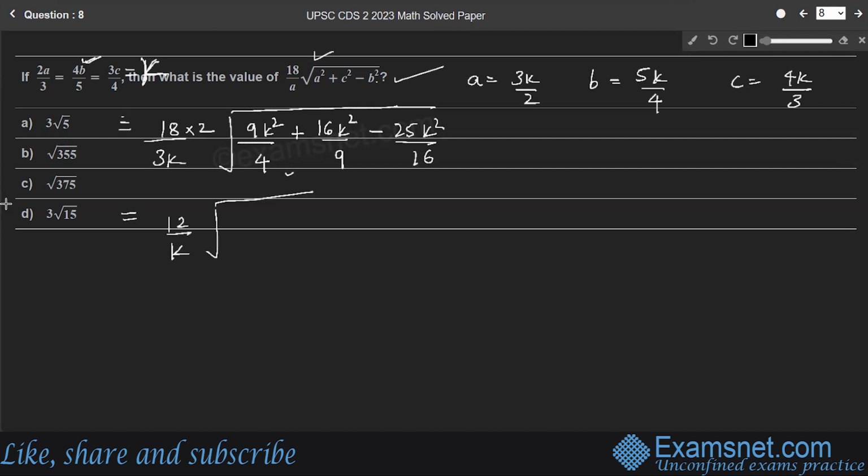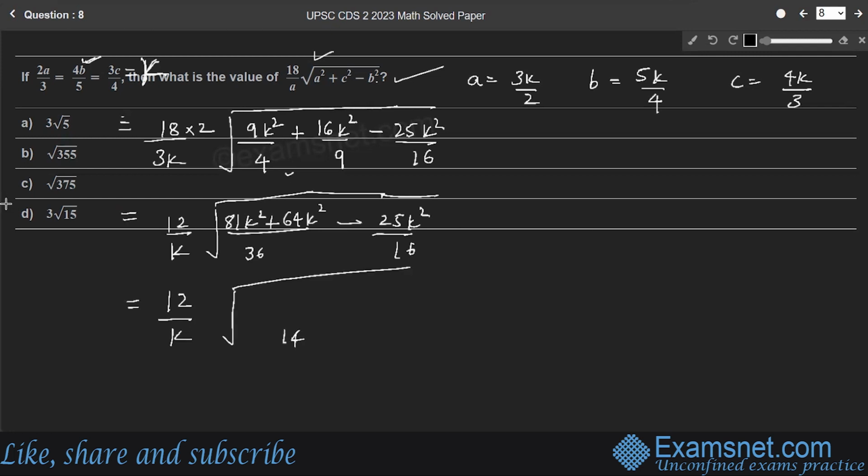Take the first two terms where 36 is the LCM and the numerator becomes 81K square plus 64K square, minus the last term, 25K square by 16. Between 36 and 16, 144 is the LCM. So here 81 plus 64 is 145K square, and since 36 into 4 is 144, we multiply by 4, minus 25K square, and since 16 into 9 is 144, it is multiplied by 9.